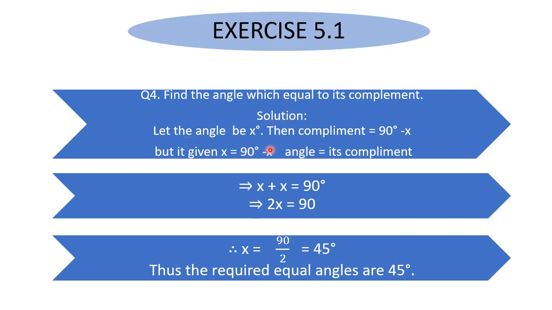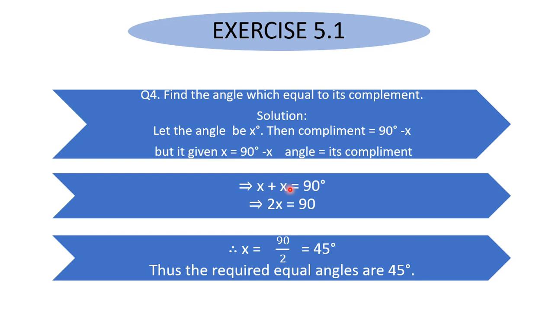So let the angle be x, so its complement angle is 90 minus x degree. But in the question it is given the angle is equal to its complement, that means x and 90 degree minus x both are equal. So we can say x is equal to 90 minus x. This x goes to the left hand side as we transpose this x.